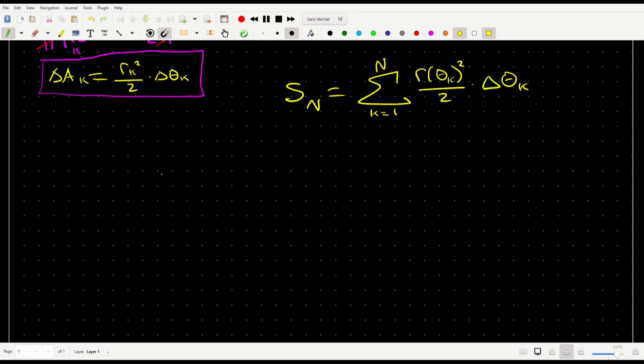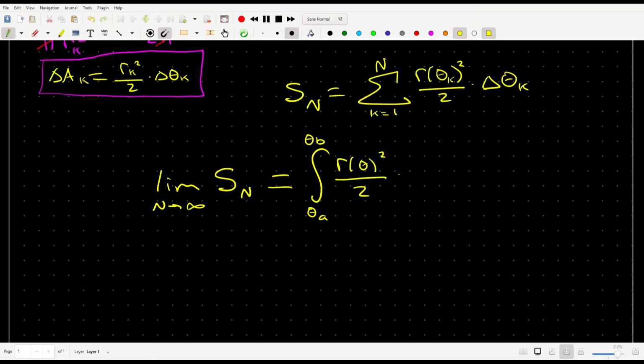And we expect that the exact area is going to be the limit of this Riemann sum as n goes to infinity, which exactly converges to the integral from theta A to theta B of r of theta squared over 2 d theta.